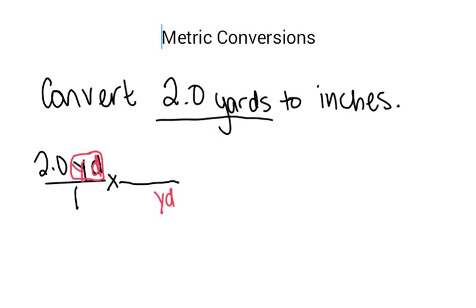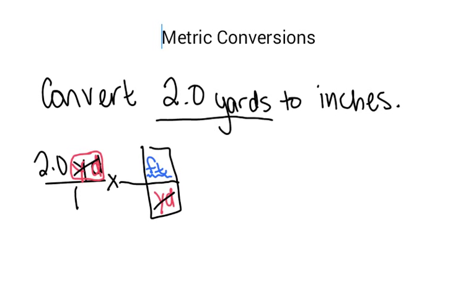And then on the top of the fraction, you have to decide what units you know how to convert to. So in this case, I think most people know the conversion between yards and feet. So that's how you know the units that go on top. After you have your units filled in, you can see that yards cancel and you're left with feet.